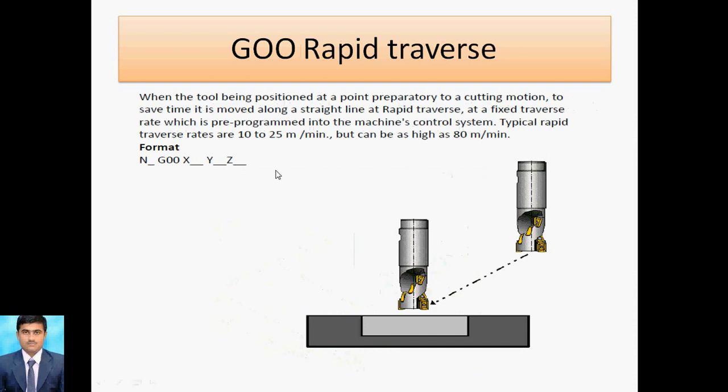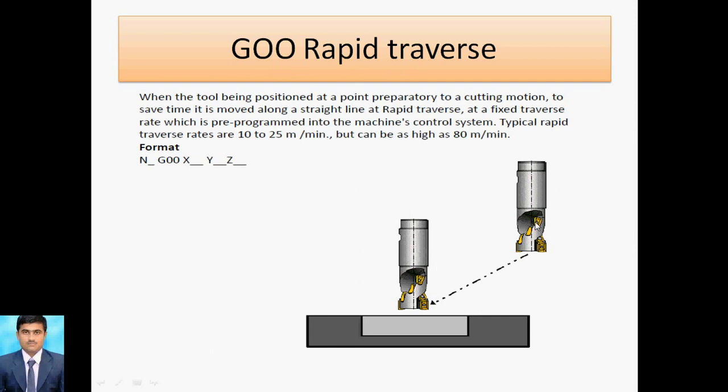Now this is the code, G00. When you want to travel the tool from one place to another, you can use G00, that is rapid traverse, and N is the block. Here N01, 01 means the first operation, and G00 means the tool will move from one place to another.